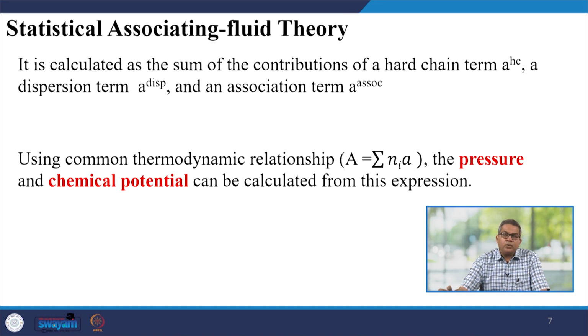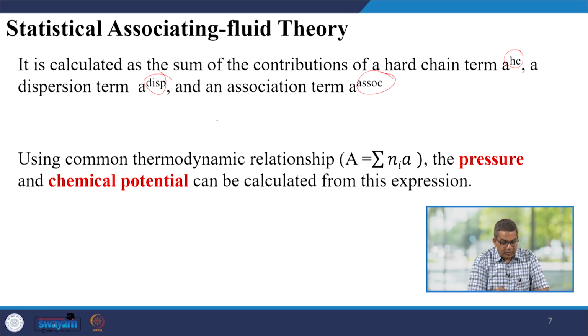It is calculated as the sum of the contributions of the hard chain term A HC, a dispersion term A dispersion, and the association term A association.